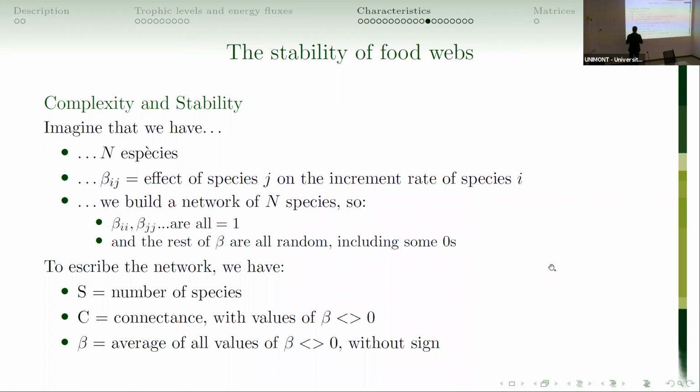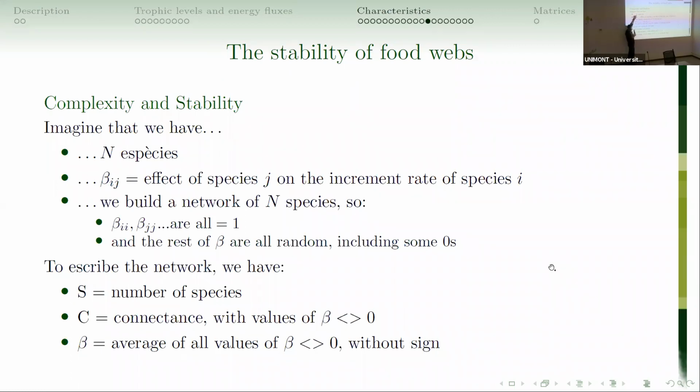Okay, now, there was a model made in 1972, if I remember well, by an ecologist, to try to find a threshold for the stability of a food web, okay? And this model included 3 parameters.